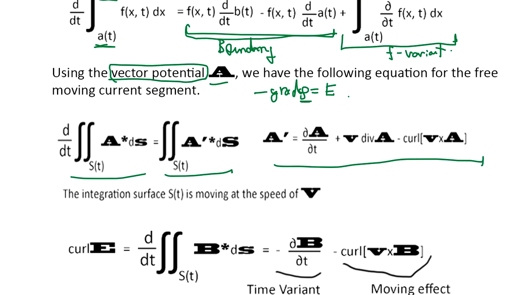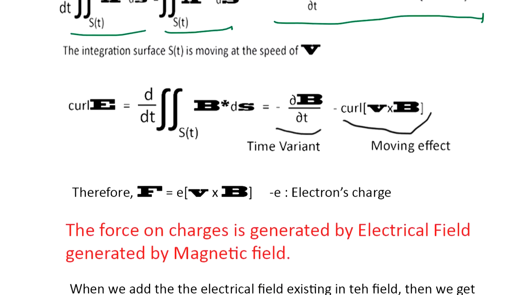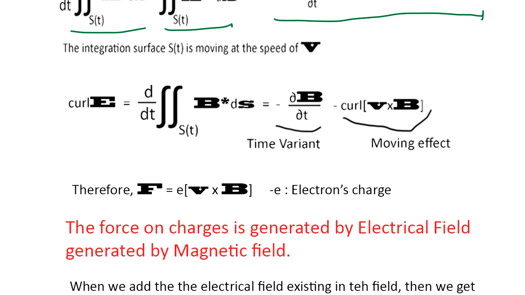Here's some mathematics to perform. So what happens is, if the surface is moving at velocity V, then curl E becomes the time variation plus the moving effect.